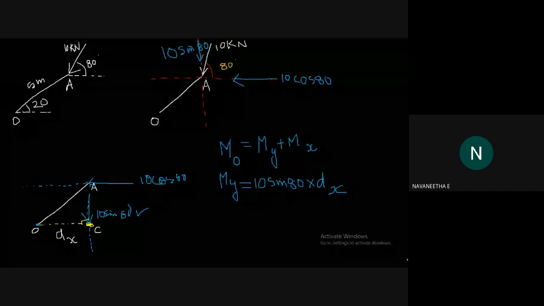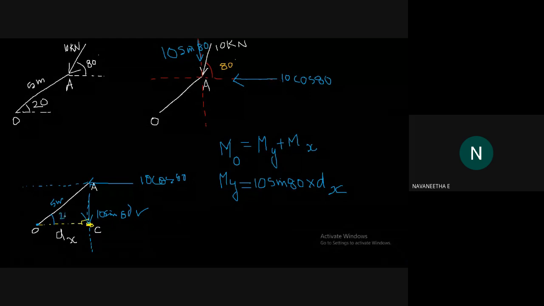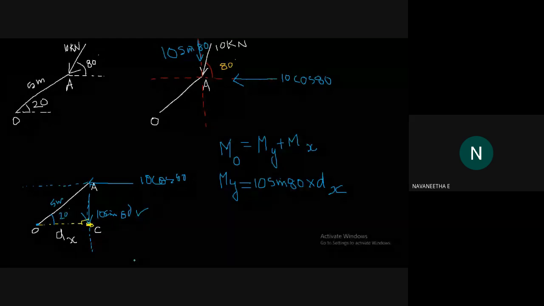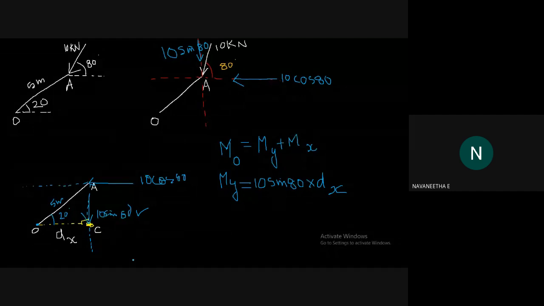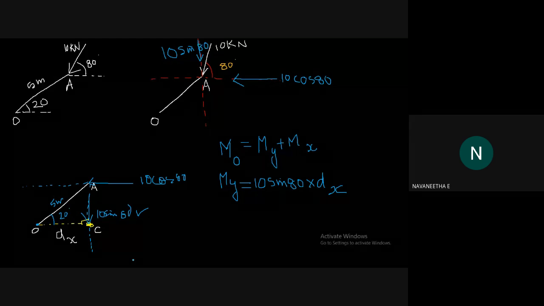The distance OA is 5 meter and this angle is 20 degrees. How can we find the value of dx? Yes, 5 cos 20. So dx is 5 cos 20.